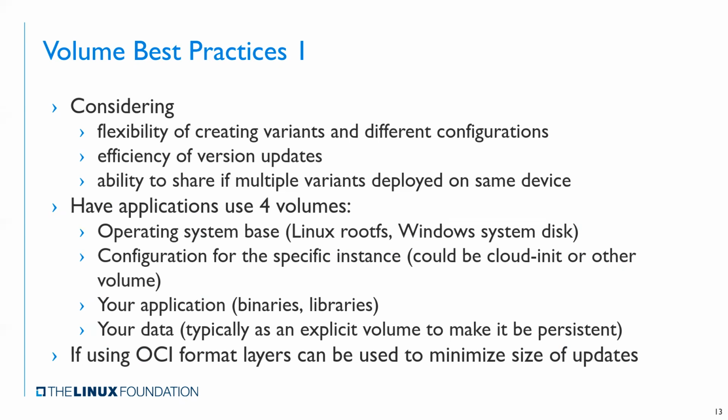So the recommendation based on this is to have applications use at least 4 volumes. Basically separating out the unmodified operating system, your Linux root file system, or the Windows system disk, and then the configuration for your specific instance. This might be something that you craft yourself, whether it's a separate disk that you can update. Is it per device?